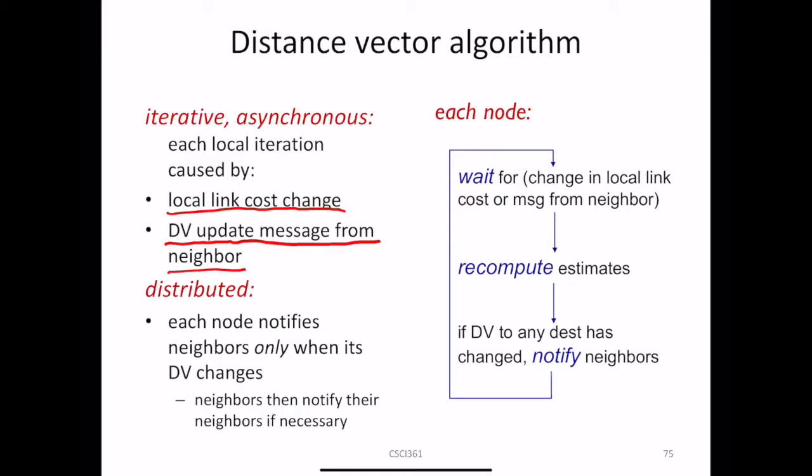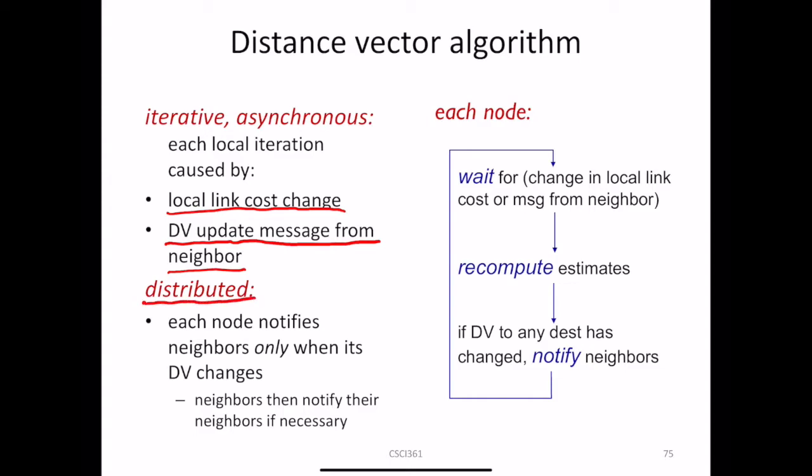So when the routers will update its distance vectors, it will based on these two conditions. Either one can trigger the distance vector calculation for the current router. One is a local link cost change. Another one is a distance vector update message received from its neighbor and then distributed.